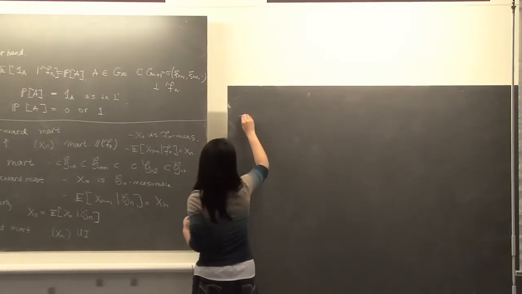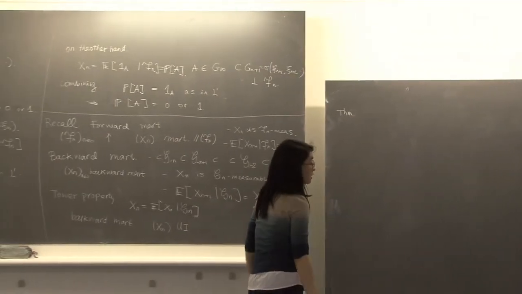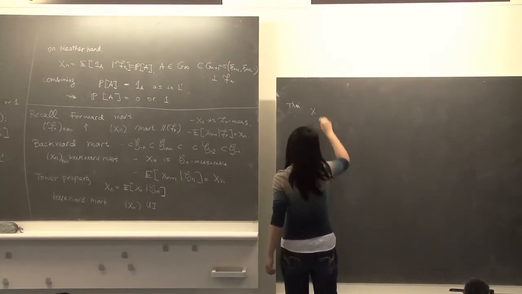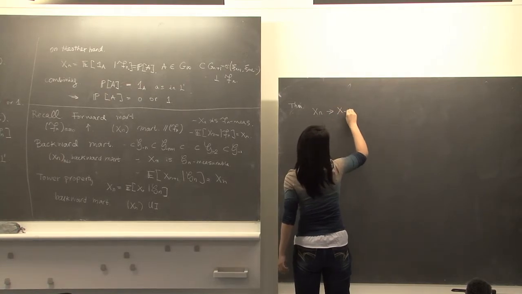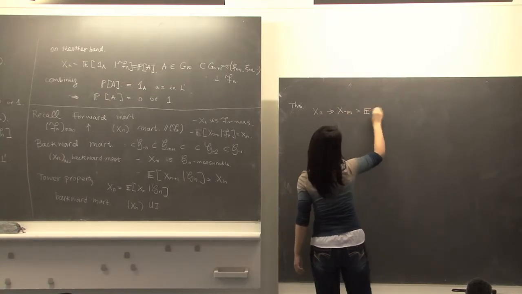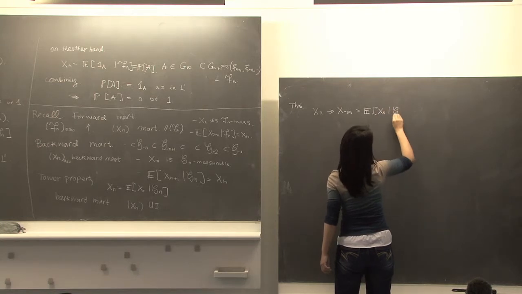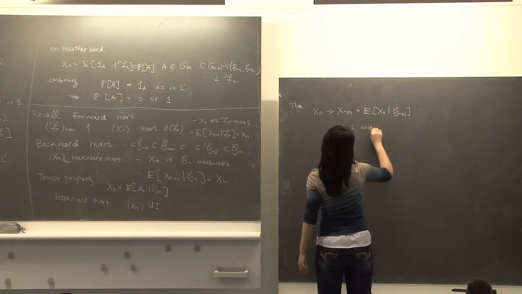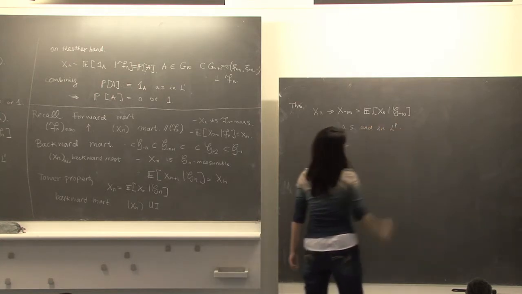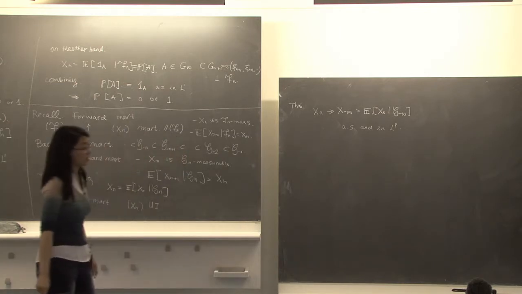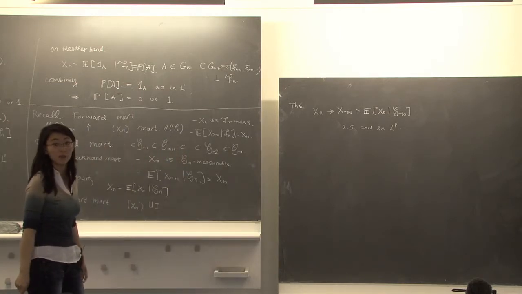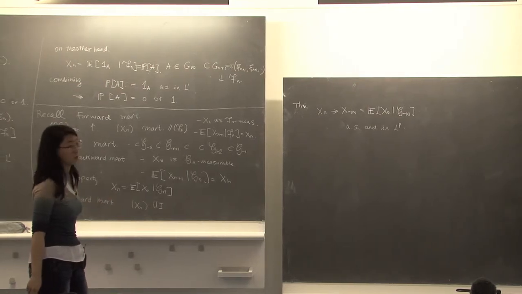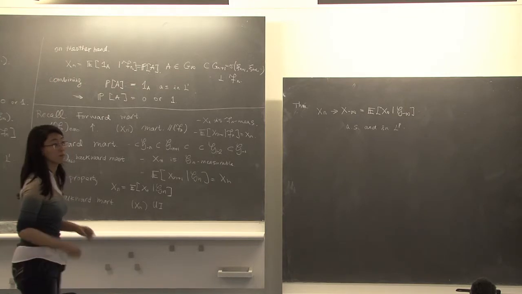We can repeat exactly the same proof. Xn converges to X minus infinity almost surely and in L^p. There is no difference between p equals 1 or p strictly greater than 1, because this martingale is already uniformly integrable.